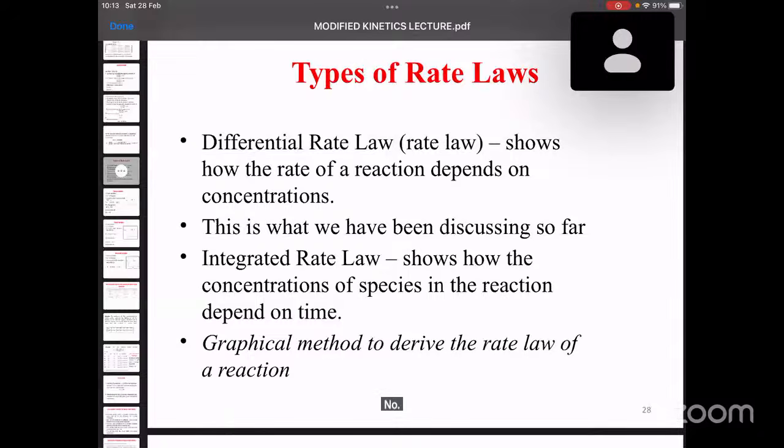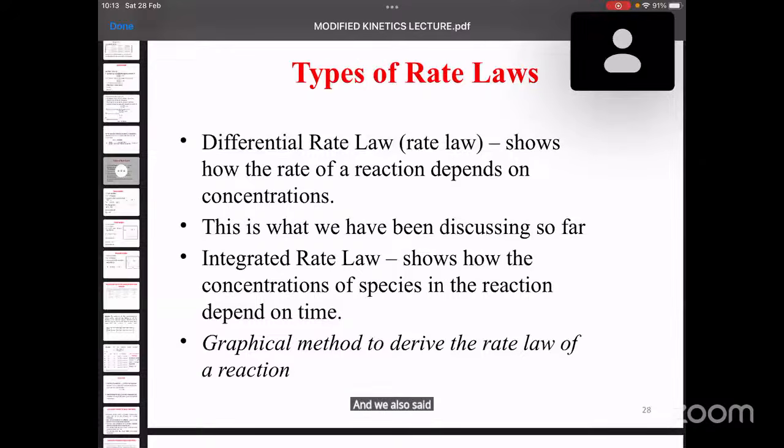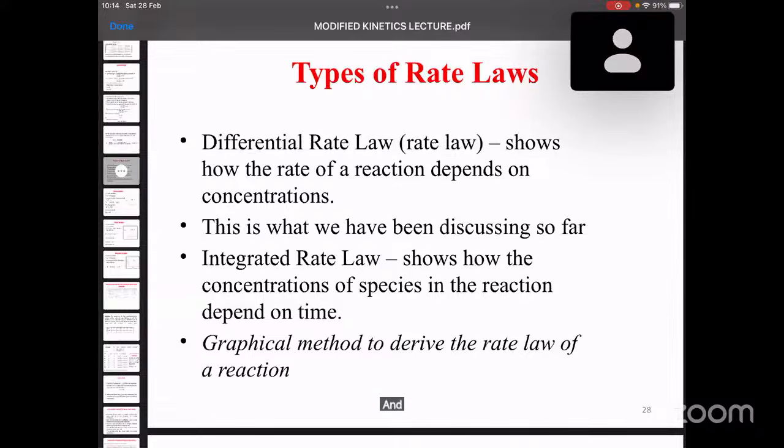Now, okay, so we were on types of rate laws yesterday. Of course, we discussed rate laws extensively yesterday. And we also said that there are two types of rate law. You have the differential rate law, which tells you how the rate of a reaction depends on concentration. And that's what we have been discussing so far.